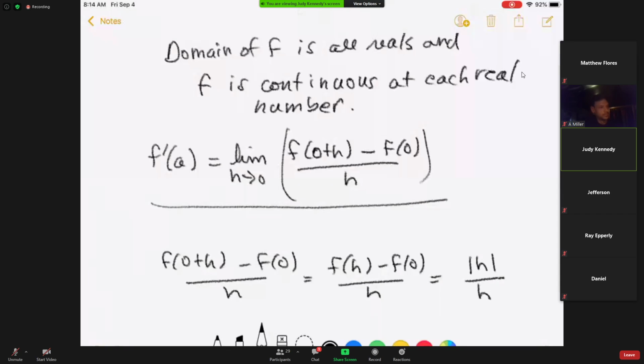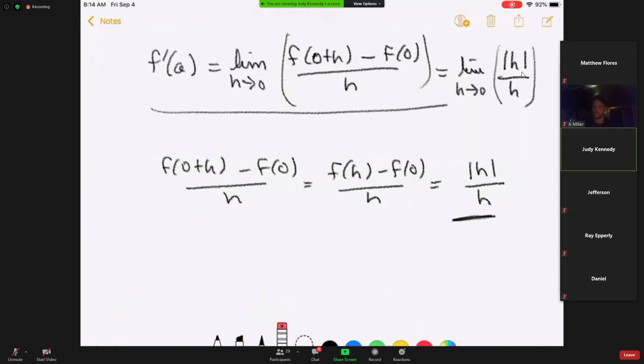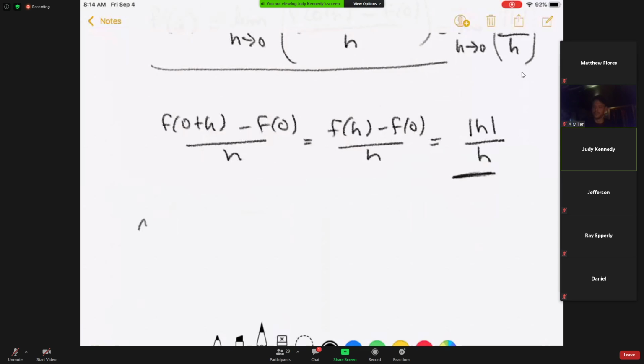Okay. So this limit then becomes, all right, but let's look at this function. We're looking at the limit as h goes to 0 of the absolute value of h over h. Well, let's see. For one thing, you can't put 0 in for h, right?